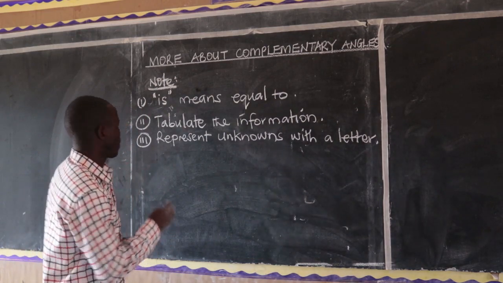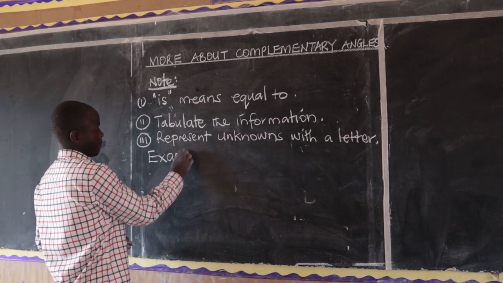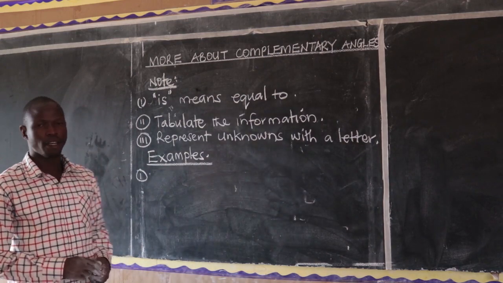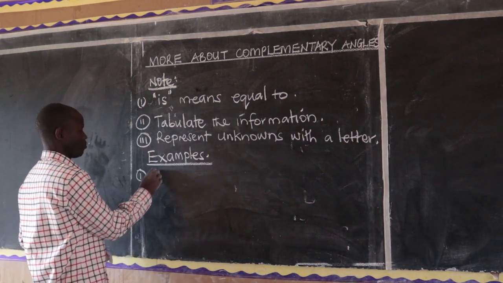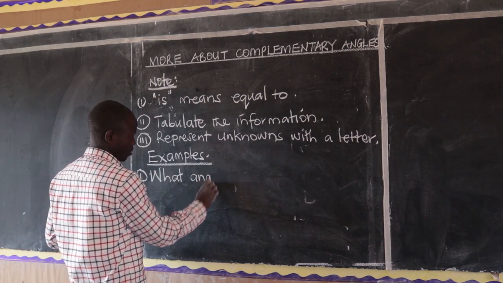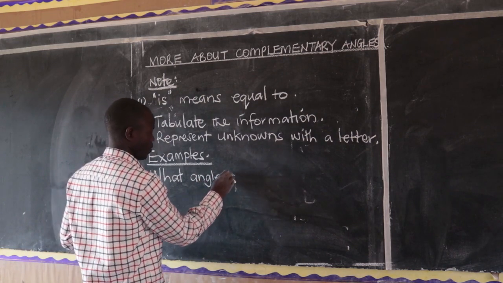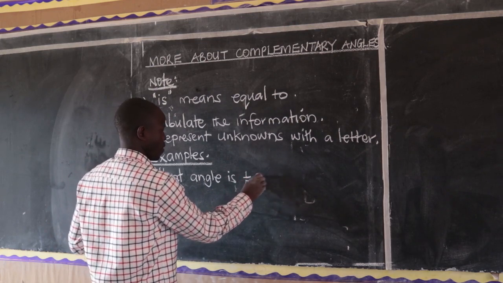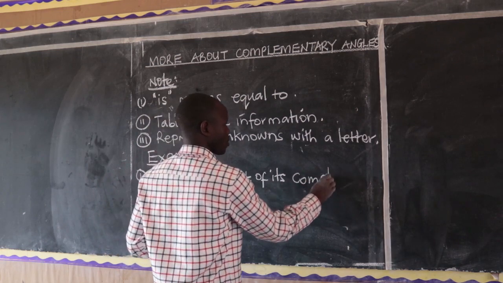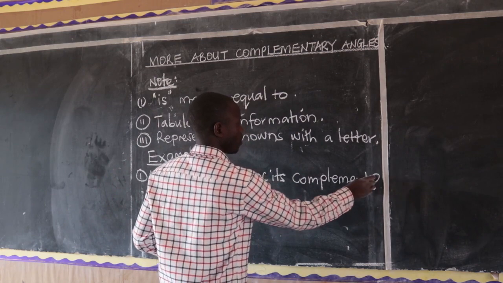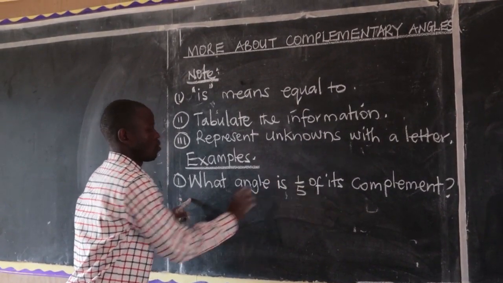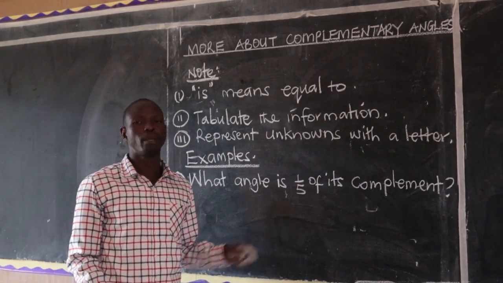Let's look at our examples. Our first example, we shall read the example as: what angle is a fifth of its complement?